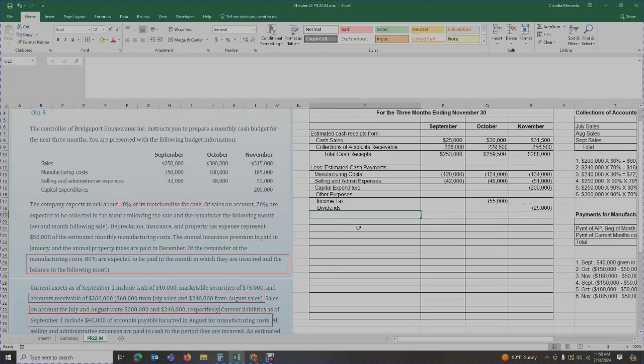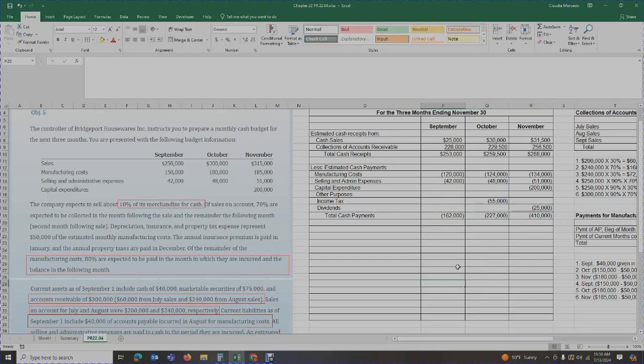Okay. So now we're going to calculate our total cash payments. How much did we spend, or how much are we anticipating spending each month in the different categories? So we're going to add up our totals here. We're just going down and we're adding up our numbers. Okay.